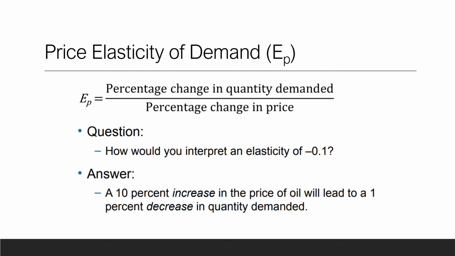So a 10% change in price leads to a 1% change in quantity demanded. And we know there's an inverse relationship, so a 10% increase in price will lead to a 1% decrease in quantity demanded, and vice versa.